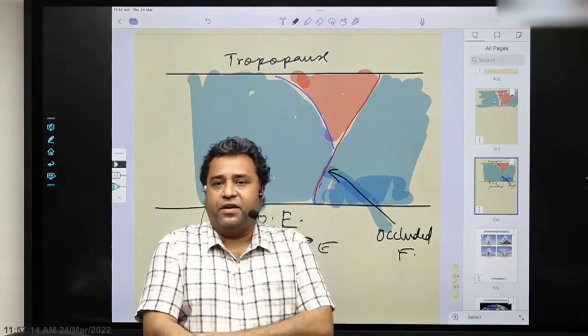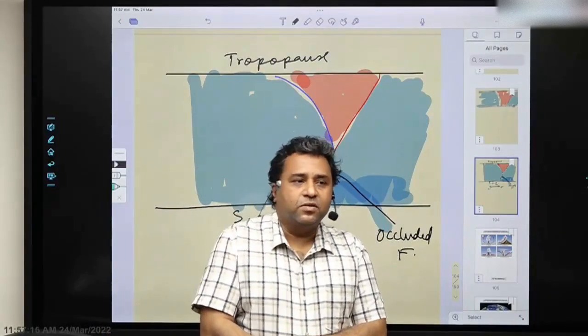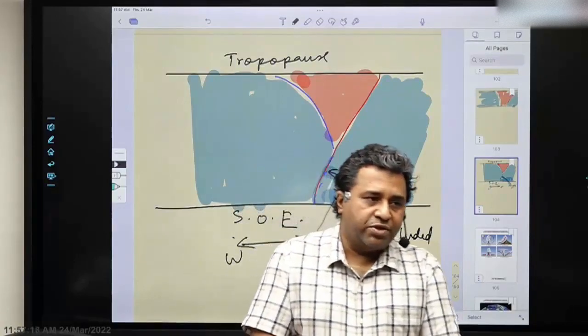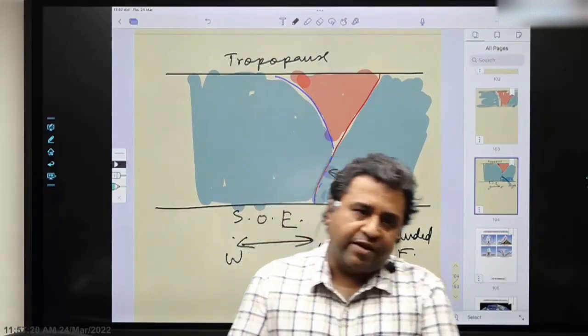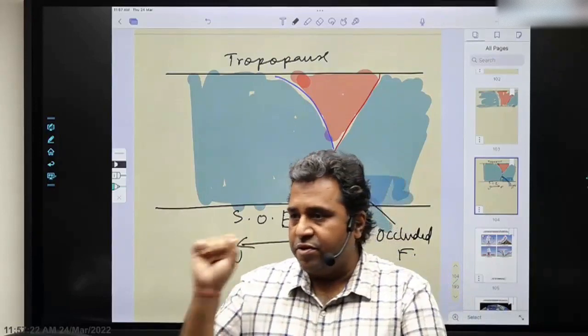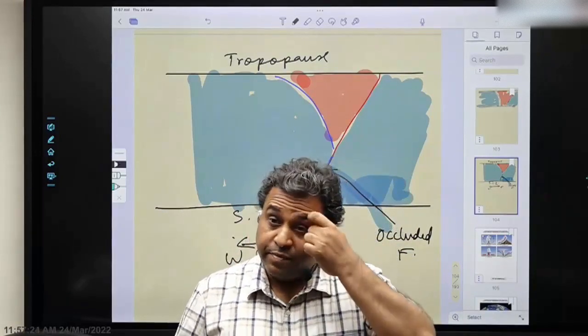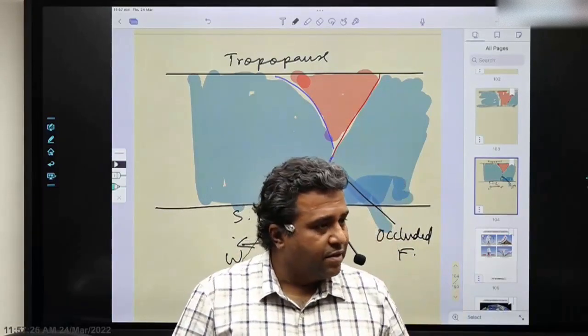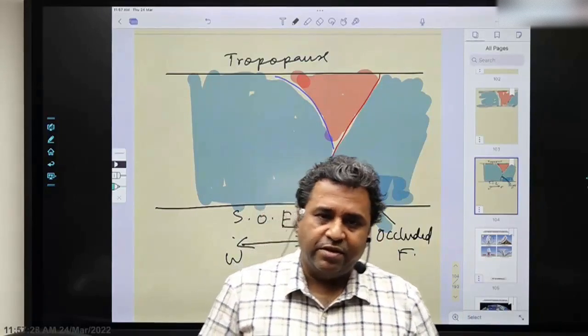Front will become weak, hence called an occluded front. OCCLUDED, occluded front. Underline number 4. This is the fourth type of front. Okay, so these are the 4 types of front, and this is the cyclone formation and the end and all.